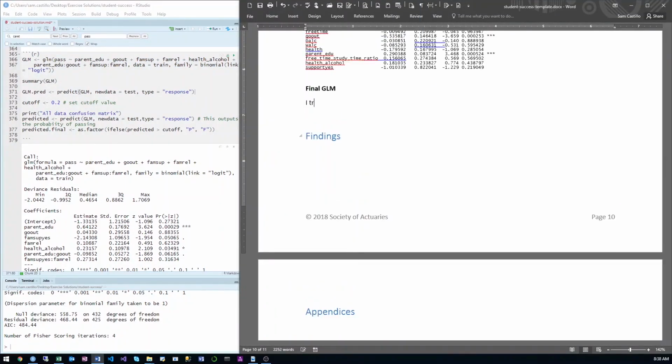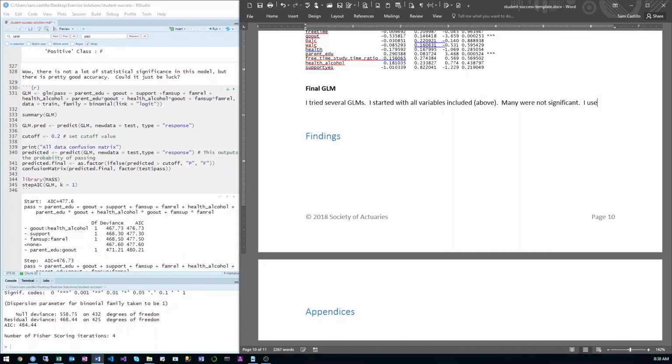I tried several GLMs. I started with all variables included, which was above. Many were not significant.